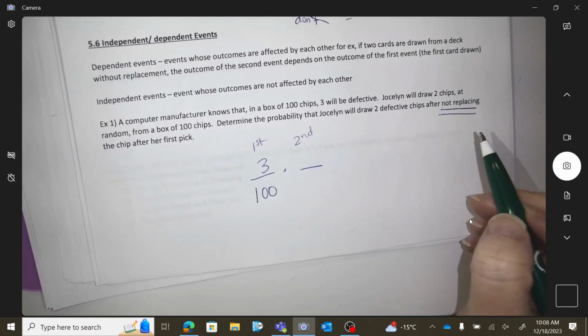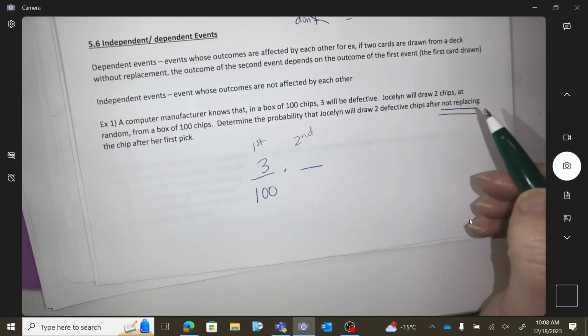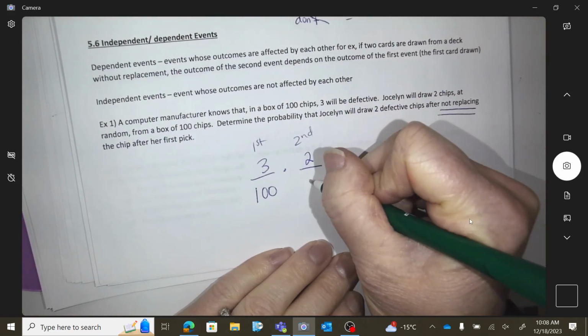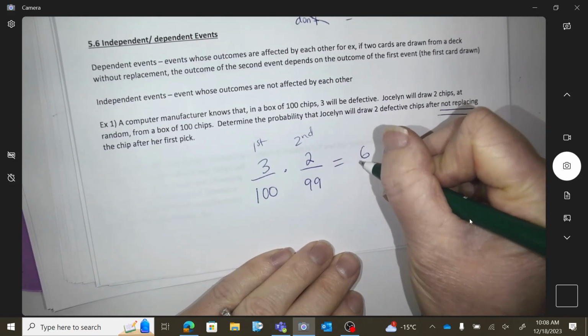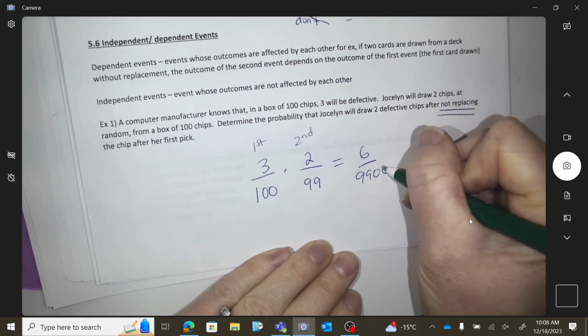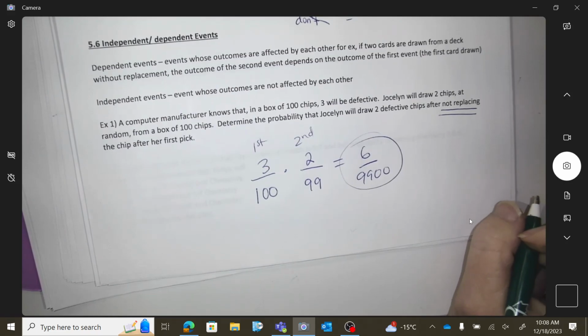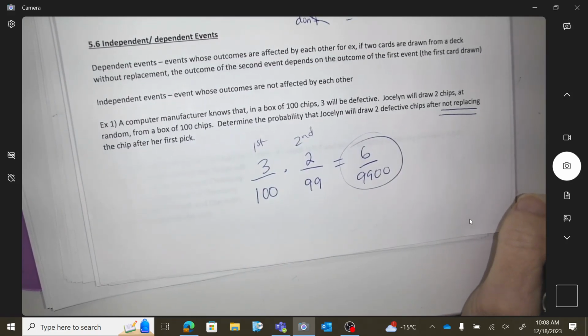Now you go back into the box. So how many options do you have out of how many possible now? 2 out of 99. Okay, and I'm multiplying it because we're doing this and then we're doing this. We're doing them as one situation. Okay?